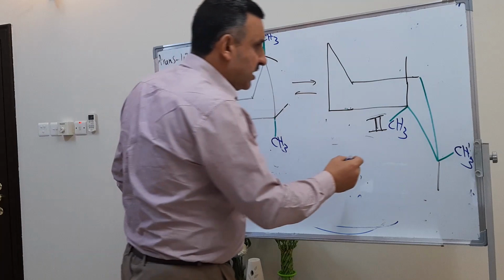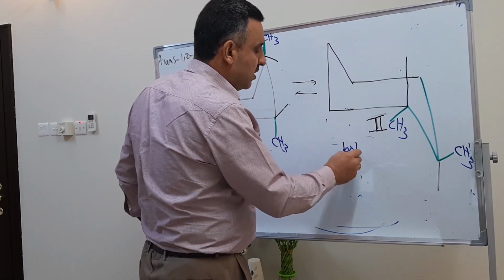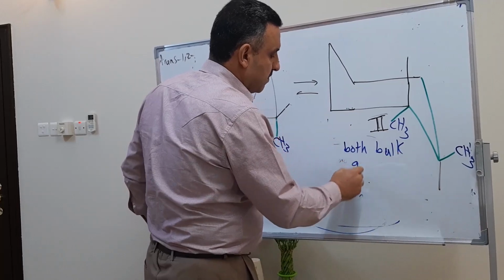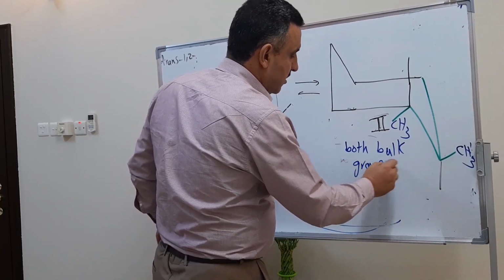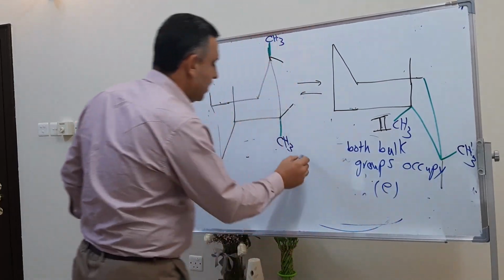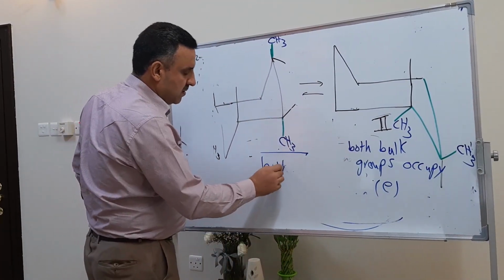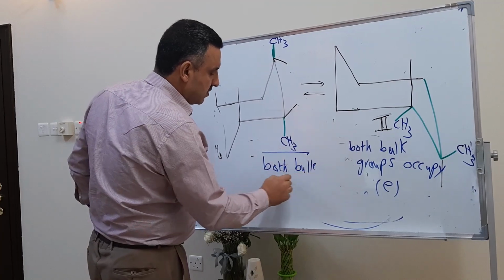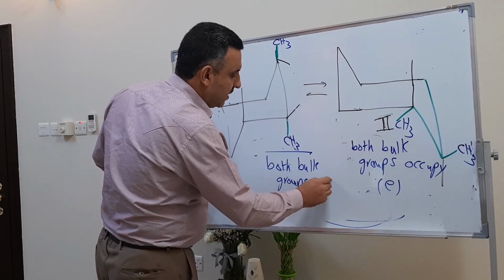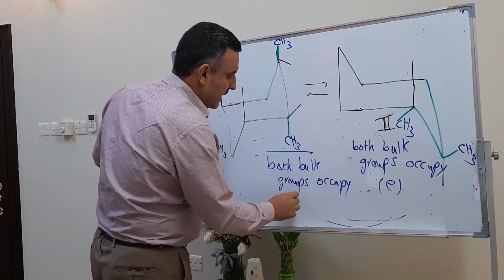Because in conformation number 2, both bulky groups occupy equatorial positions, while here both bulky groups occupy axial positions.